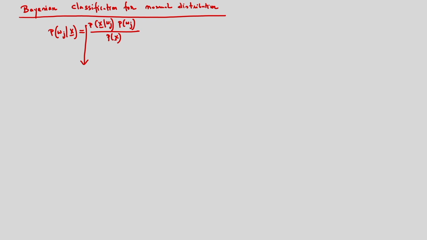So that means the likelihood function of wi with respect to x in the L dimensional feature space follows the general multivariate normal density.